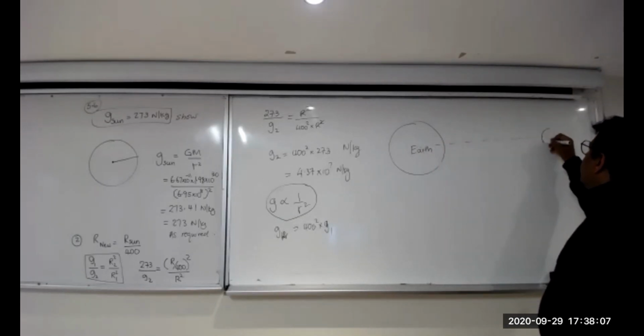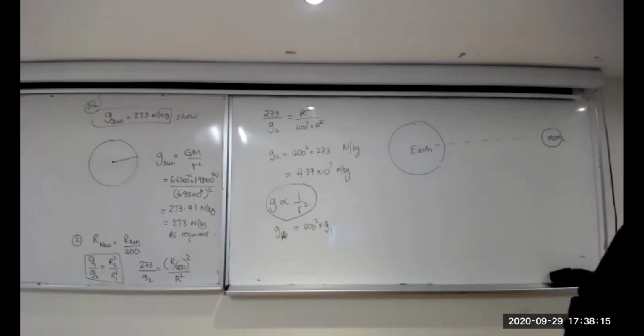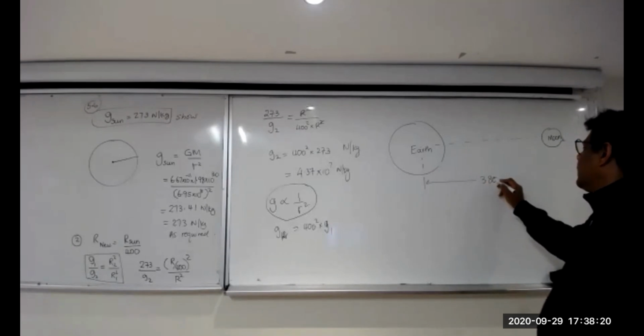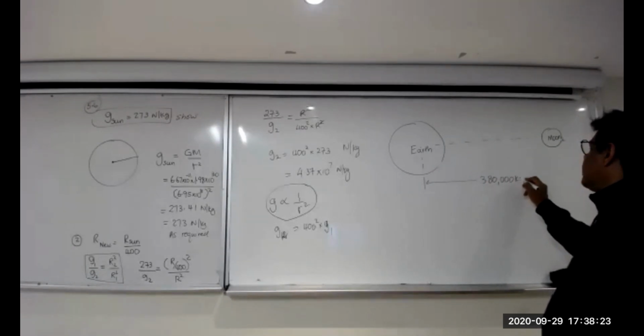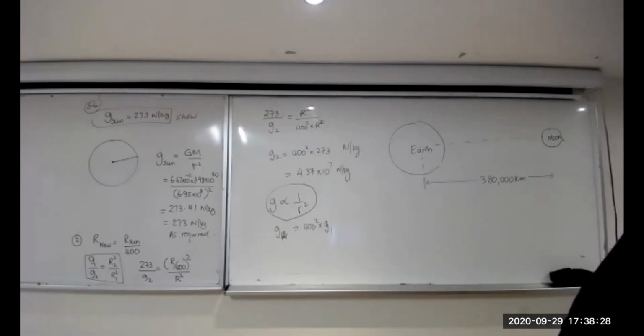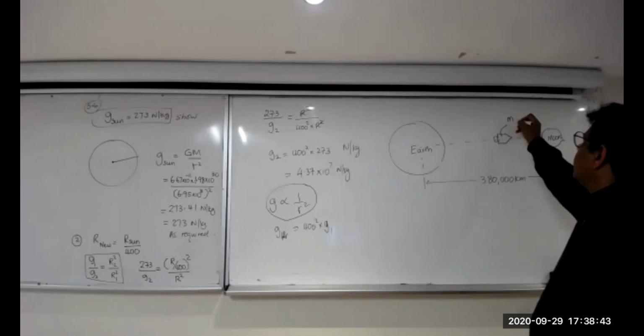So that's the Moon. The distance between them is 380,000 kilometers. We'll assume it's center to center. It's just showing the surface, but assume center to center, otherwise it's a bit difficult. So there will be a point where, let's assume a spaceship is traveling. You guys probably remember this question.